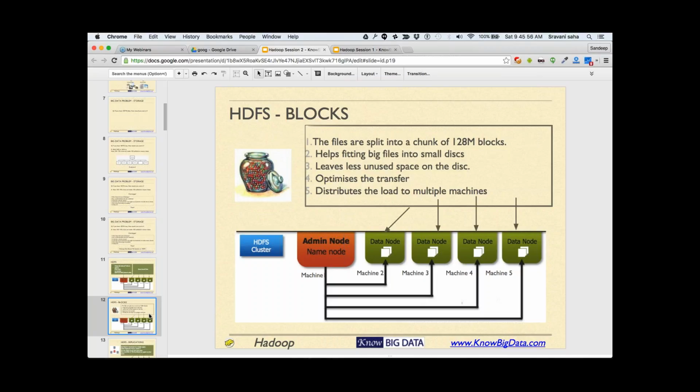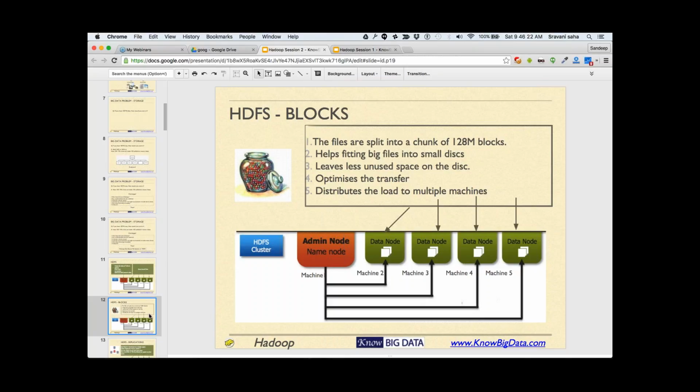Data nodes store the actual data, and the name node stores the information about what data is where. Whatever file you store in this system is sliced into small parts internally. If you have ever used torrent to download files, torrent also splits the data into small blocks so that the transfer can be fast.